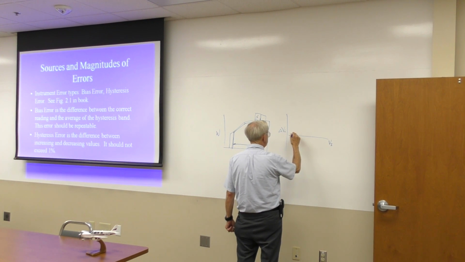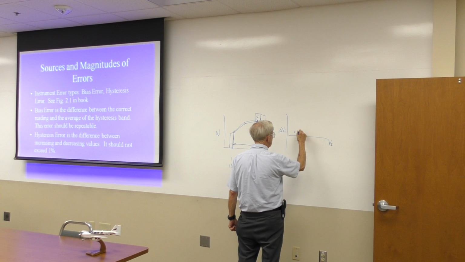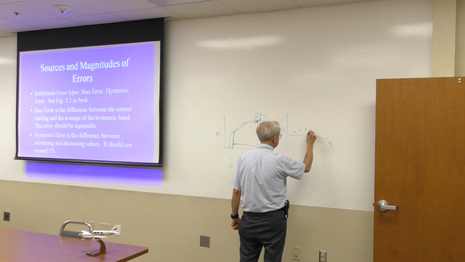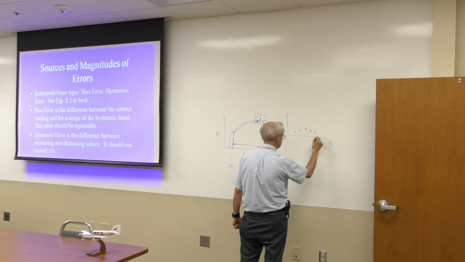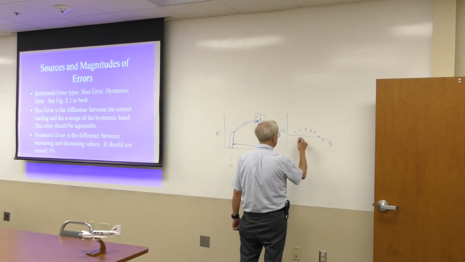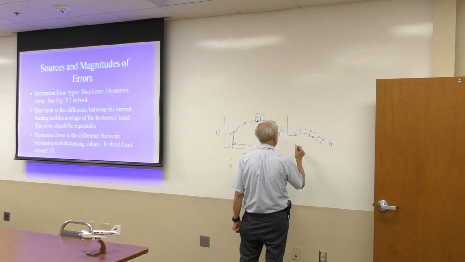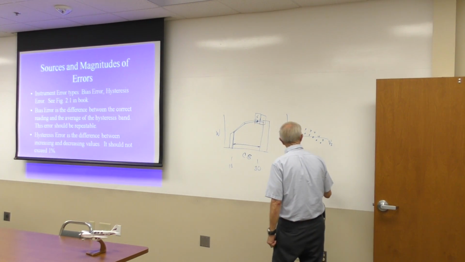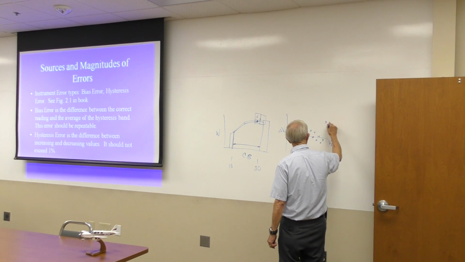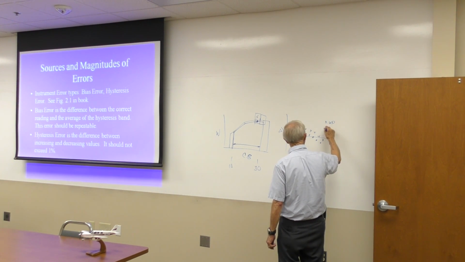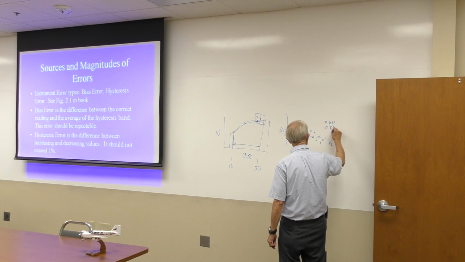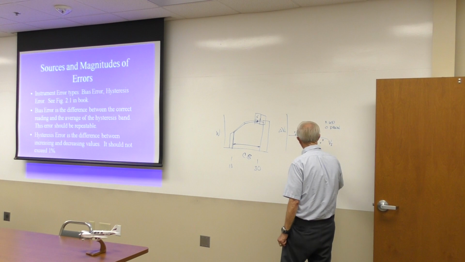And we go up and we have points that look something like this. And then we come down and we have points that look something like this. And this is increasing airspeed, and this is decreasing airspeed.